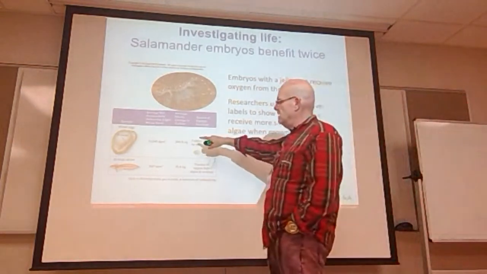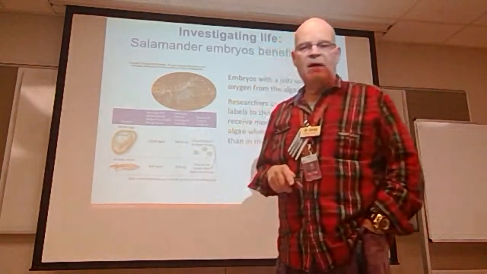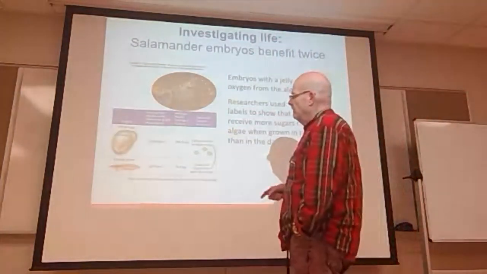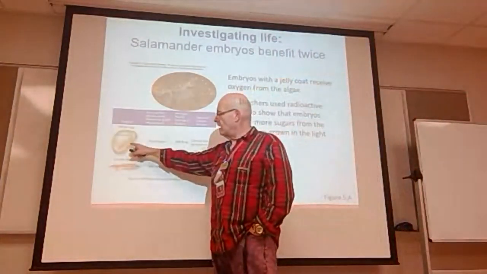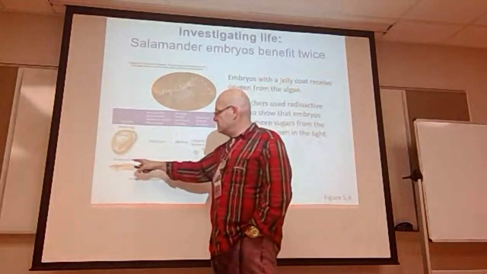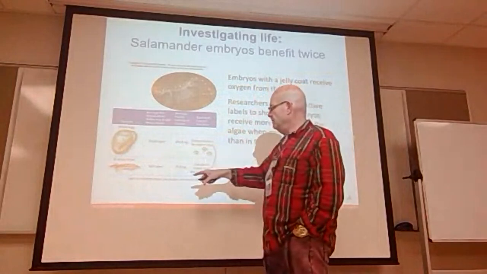So this is a demonstration that was done with two different types of salamanders. One salamander does not develop in this little jelly bag. It's just free living. And you can see all of these numbers.